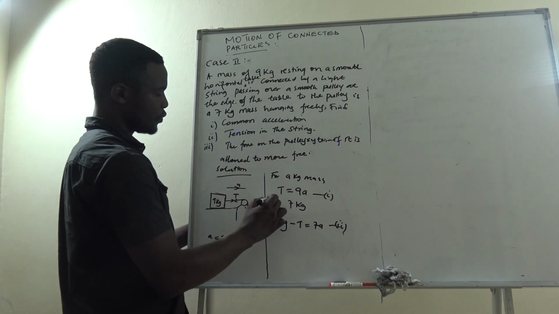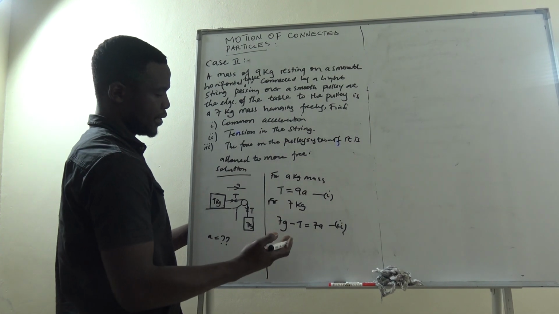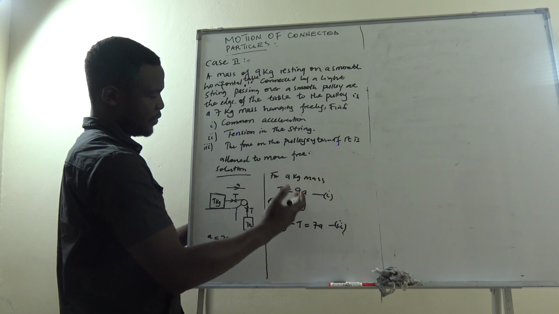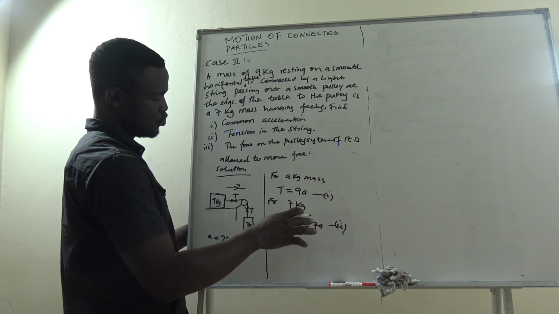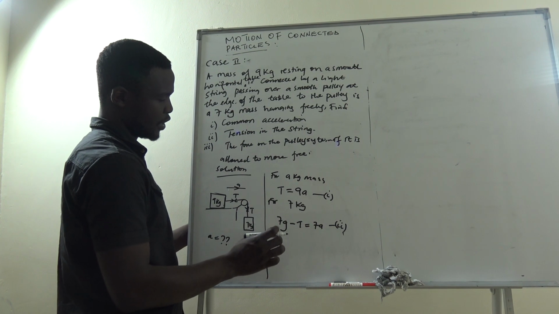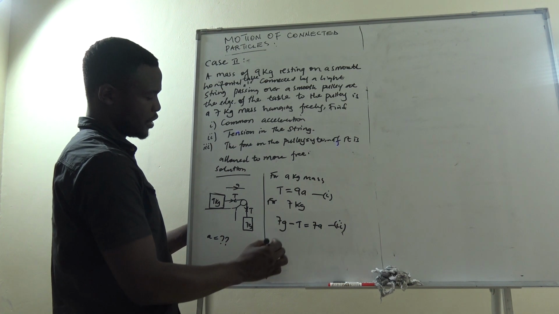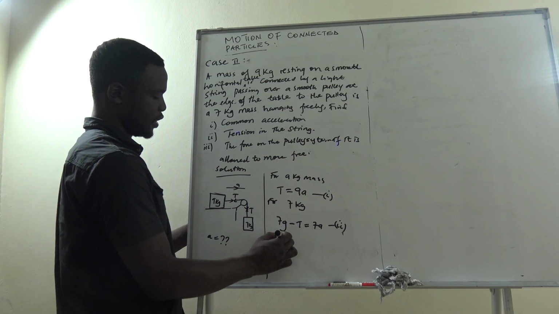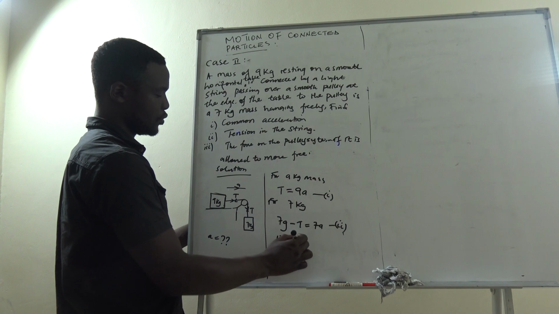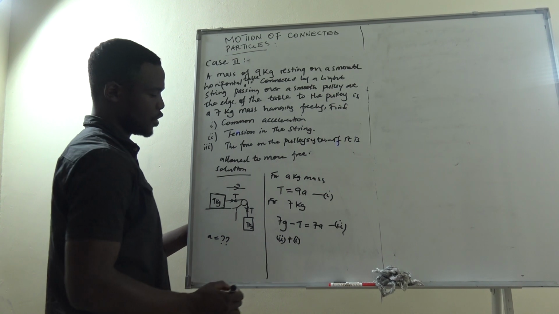Now, looking at this, we have equation 1 and 2. We can add equation 1 and 2 to eliminate the tension. So we shall say equation 2 plus equation 1.